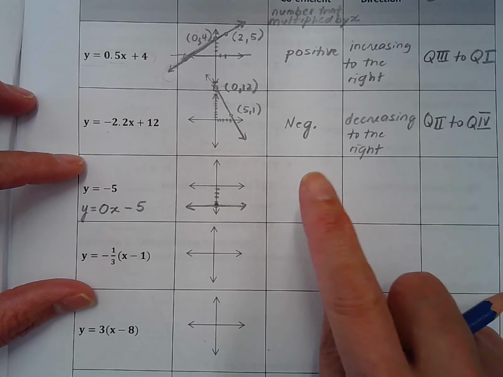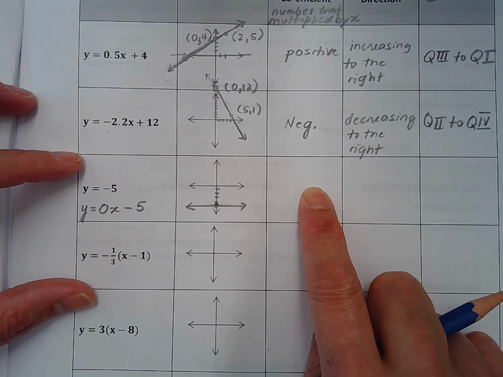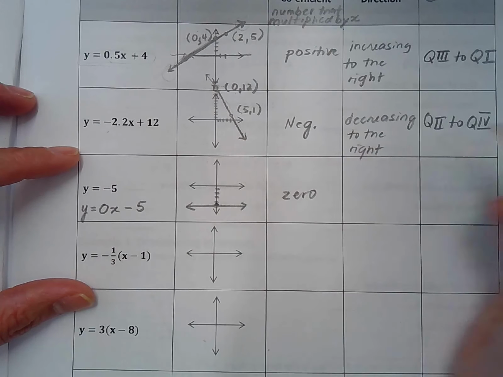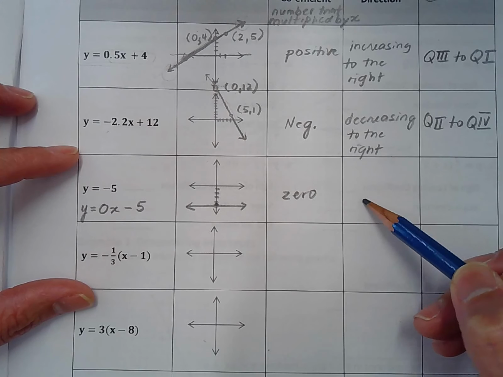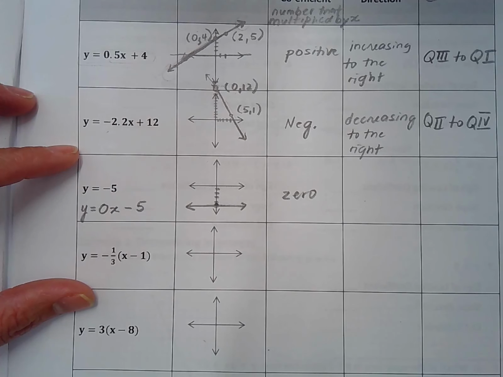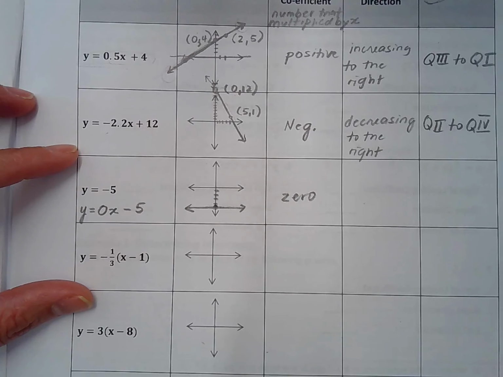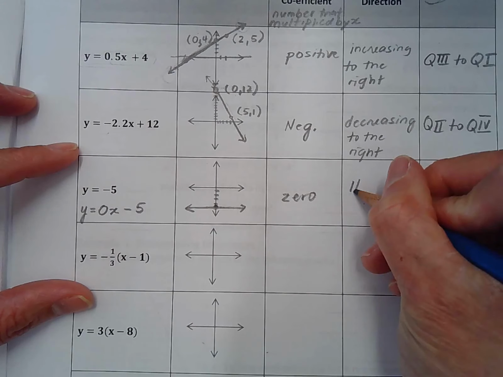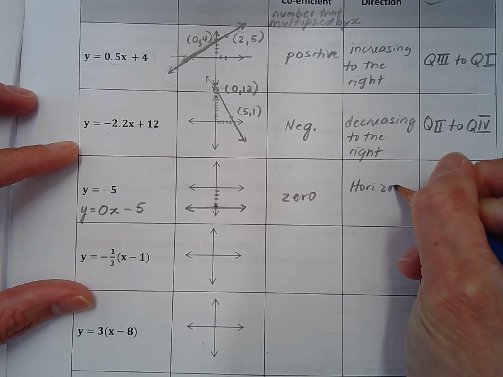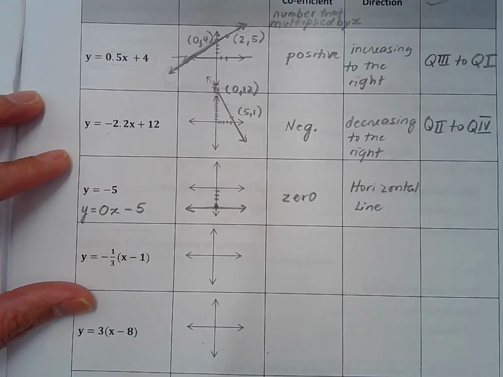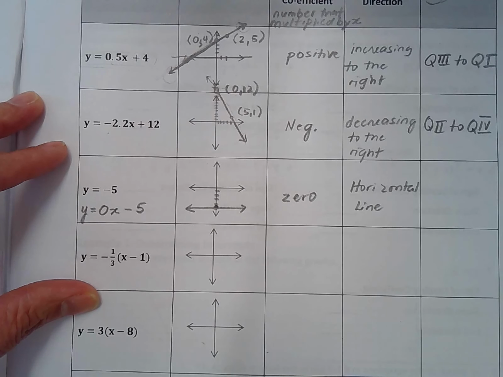Sign of the leading coefficient, well, it's not positive and it's not negative, so we'll just put 0. And what's the slope direction? It's flat, it's a horizontal line. So it's not increasing and it's not decreasing either.